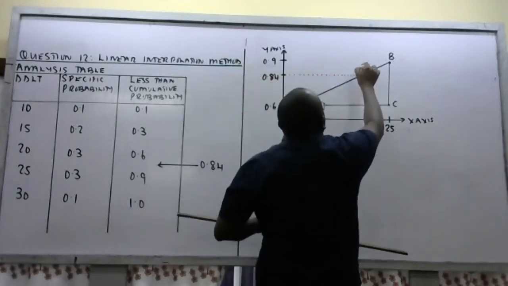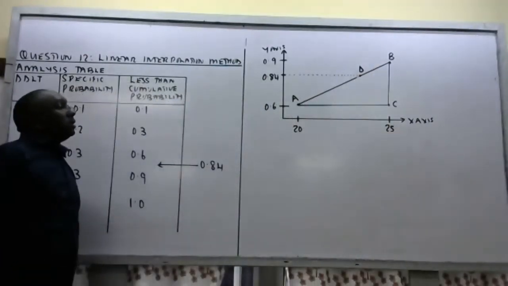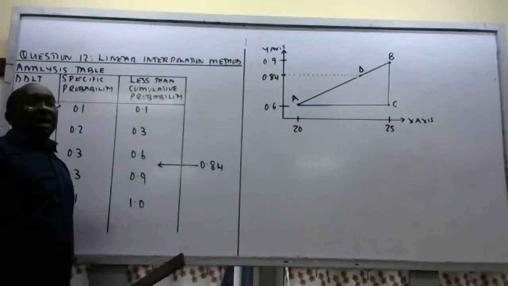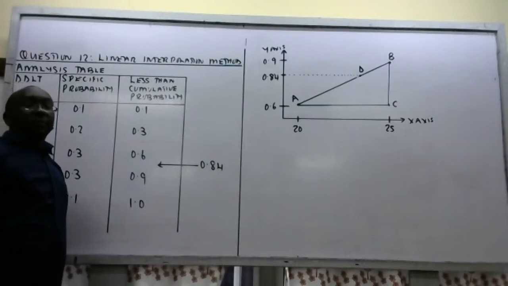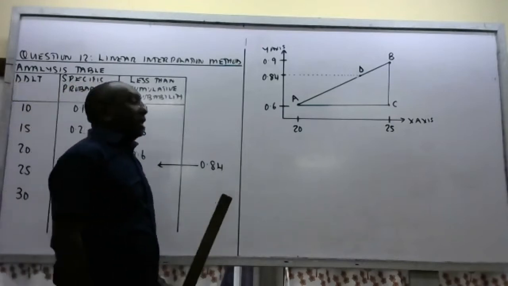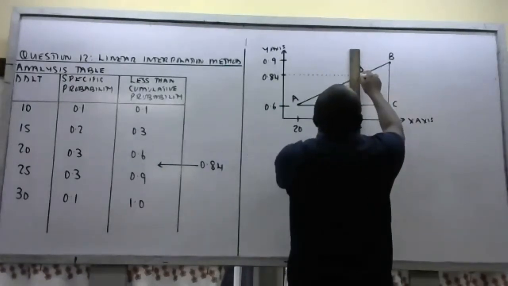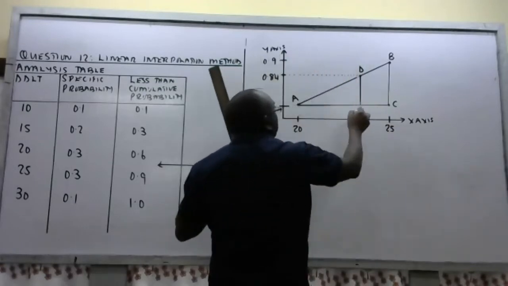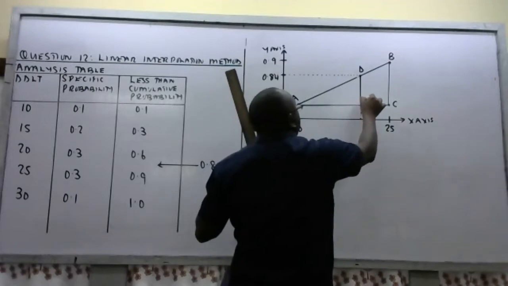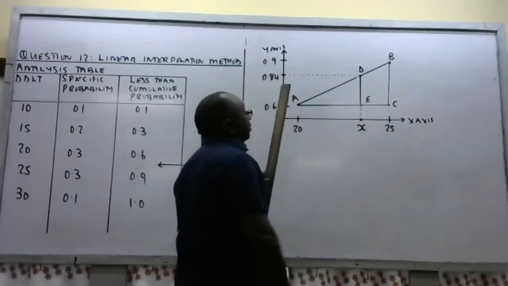Come and touch that point, and you call it point D. You use an incomplete line. Then this line is complete up to this point, but here it should be dotted. So this point here you call E, and this one you call X.